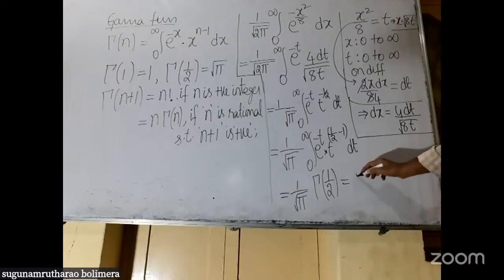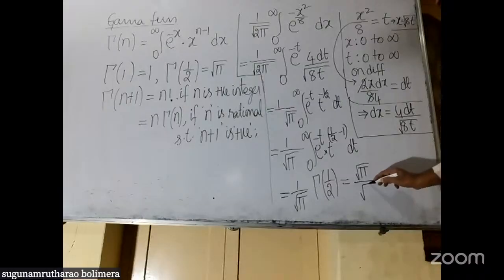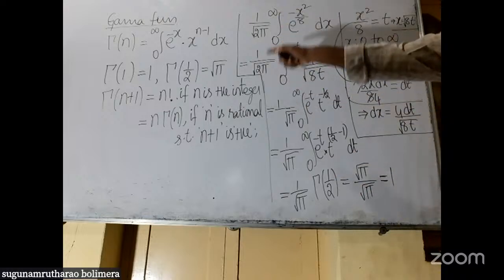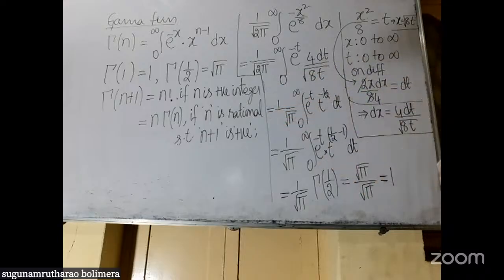Gamma half is nothing but root pi, so root pi by root pi, which is equal to 1. This was asked for computer science previously in examination. Try to remember and follow that gamma definition for evaluating such kind of things.